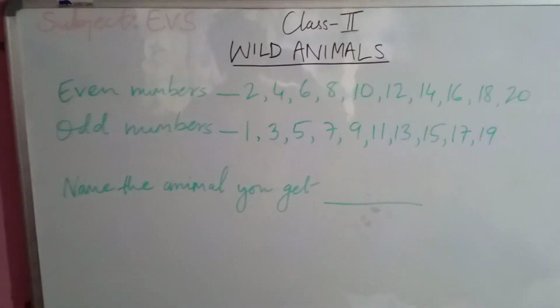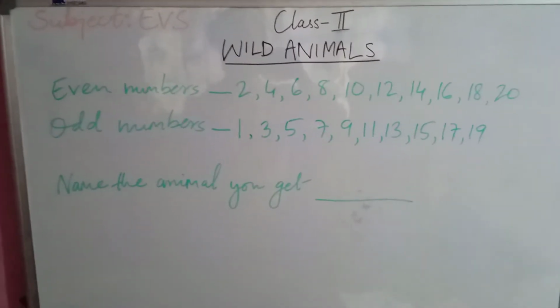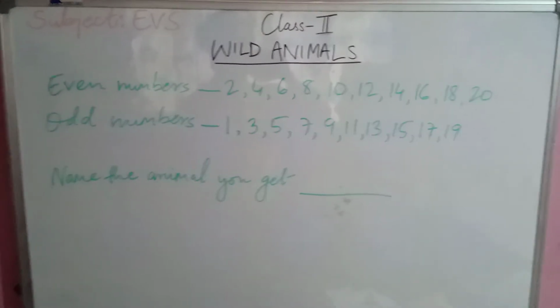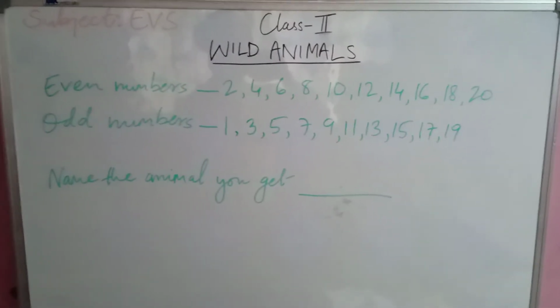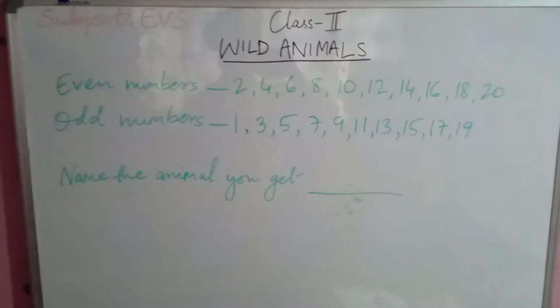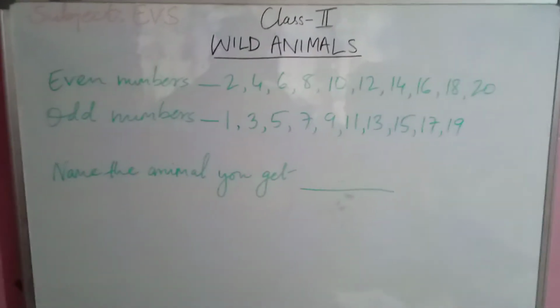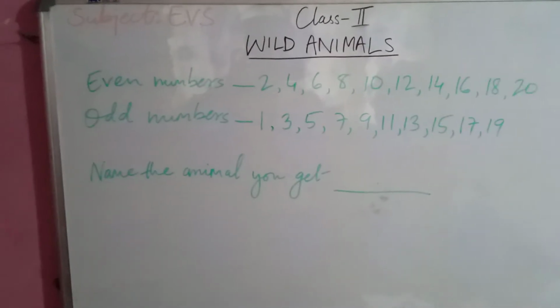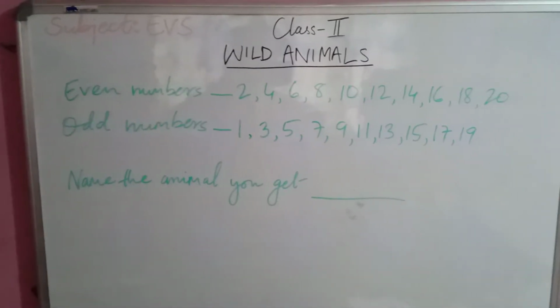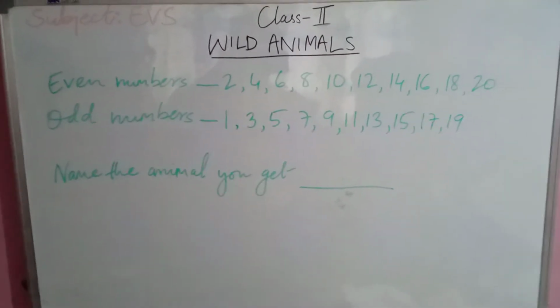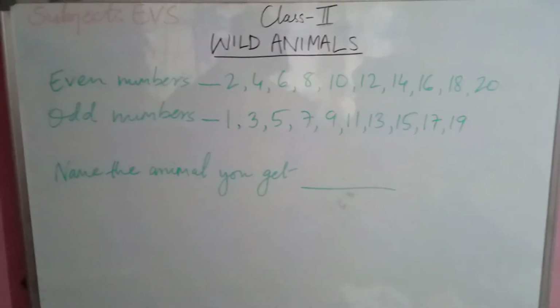So what are the even numbers? 2, 4, 6, 8, 10, 12, 14, 16, 18, and 20. I have written up to 20. If not required, you can skip those numbers. And the odd numbers are 1, 3, 5, 7, 9, 11, 13, 15, 17, and 19.